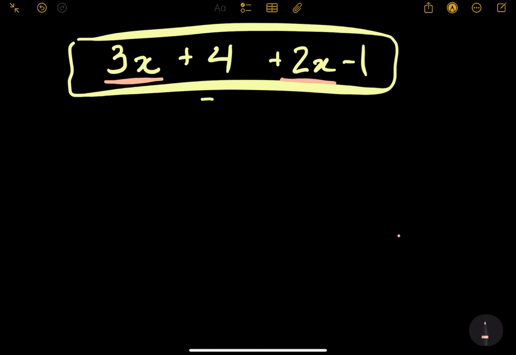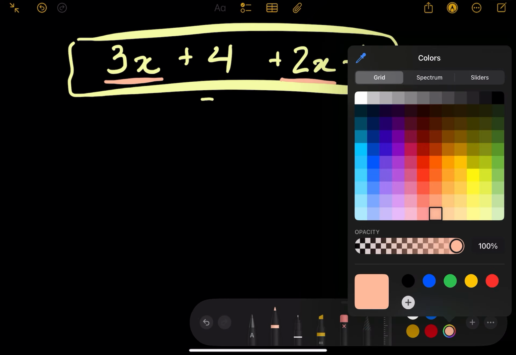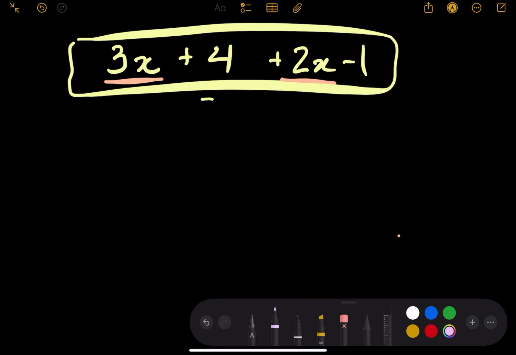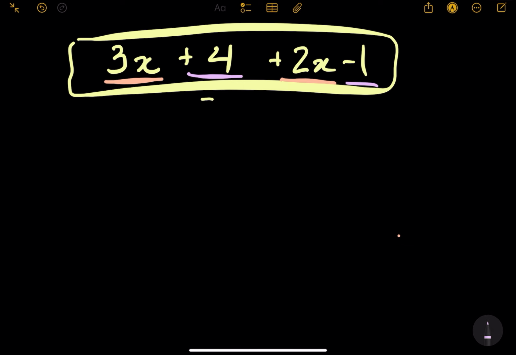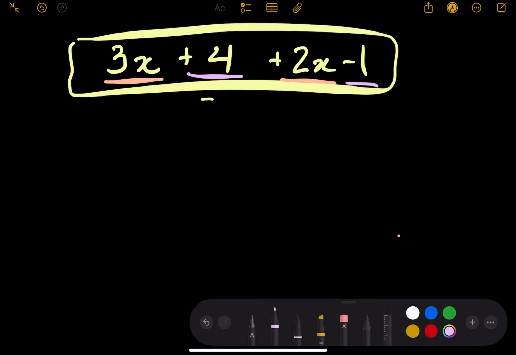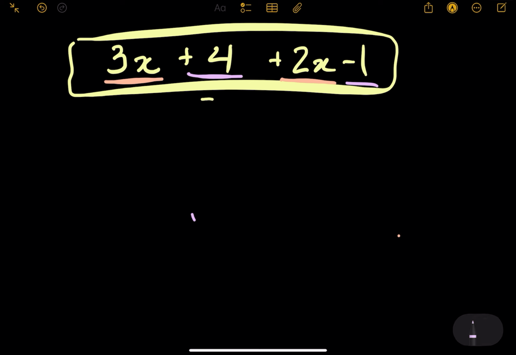So we would then have 3x plus 2x. Those are two common like terms. Then we have the 4 and the -1. One thing to do when you're solving these types of equations is to always keep the sign in front of them. Remember those signs, because now we're going to put them next to each other.